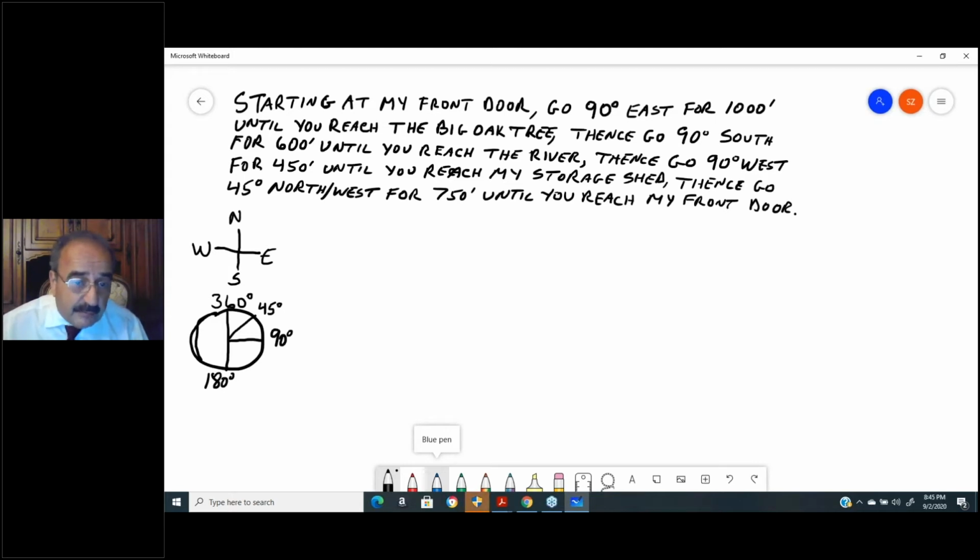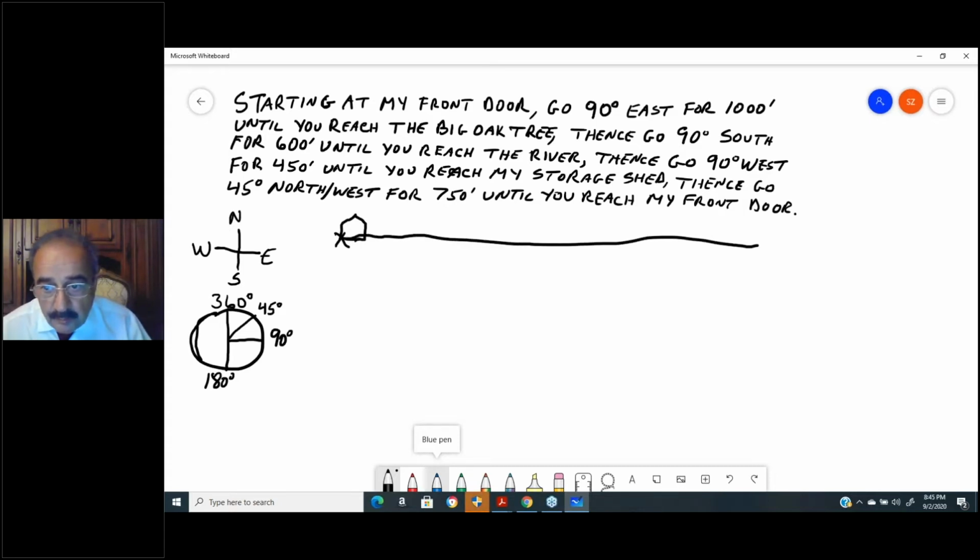So starting at my front door. So here's my house. Starting at my front door, I'm facing my house. I go 90 degrees east, due east, this way, for 1,000 feet till I reach the big oak tree. Now I'm facing the tree. My next step says I need to go 90 degrees south for 600 feet till I get to the river.